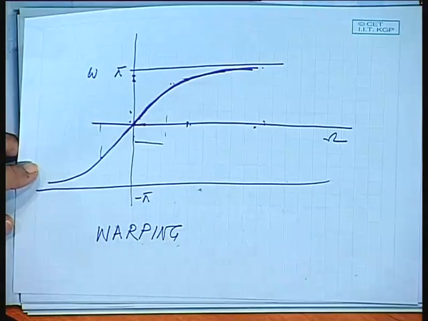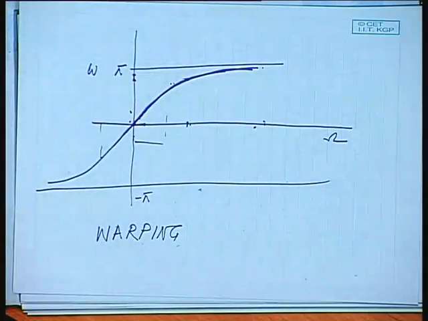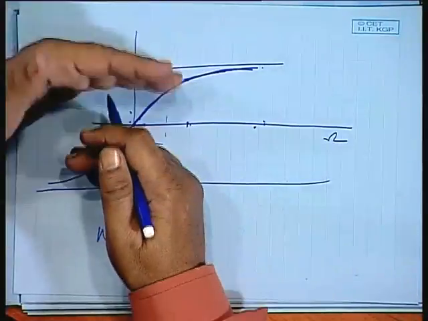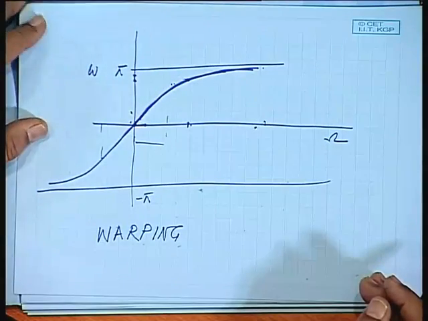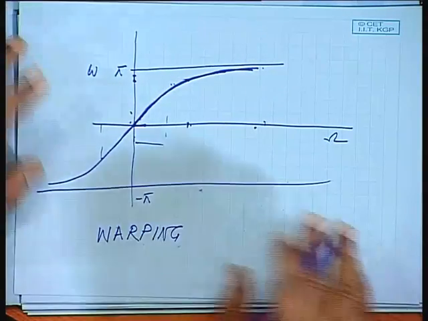You must have seen in plywood, they say the top of the table, when it rains or if it gets wet, after some time there will be warping. That means, you are trying to compress the surface. Similarly, here you are trying to compress the frequency. Original frequency is so much, but in the discrete domain you are trying to compress the frequency. So, this is known as warping. So, you have to pre-warp the specification before starting the design.